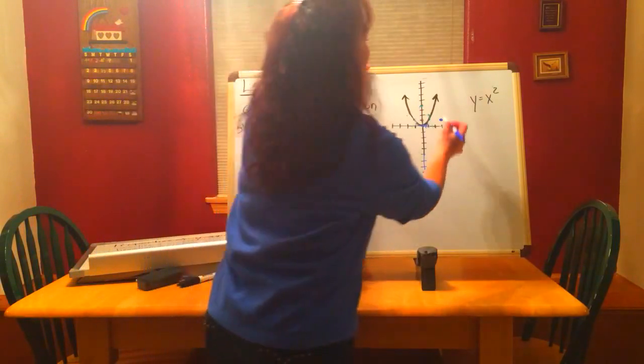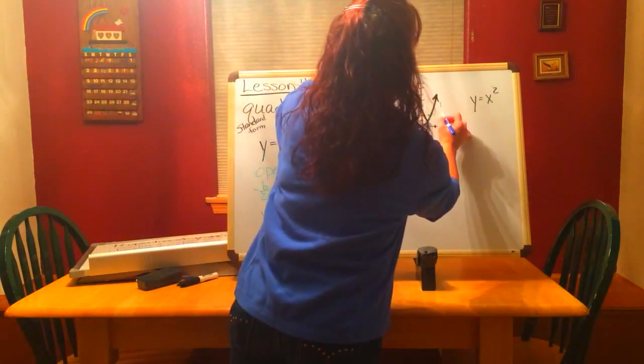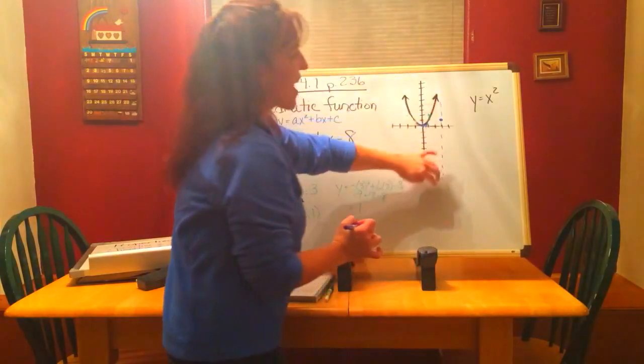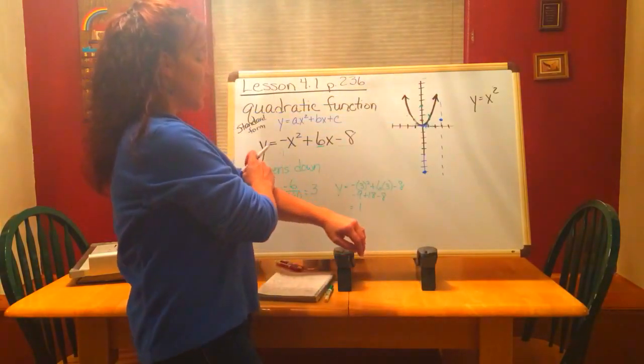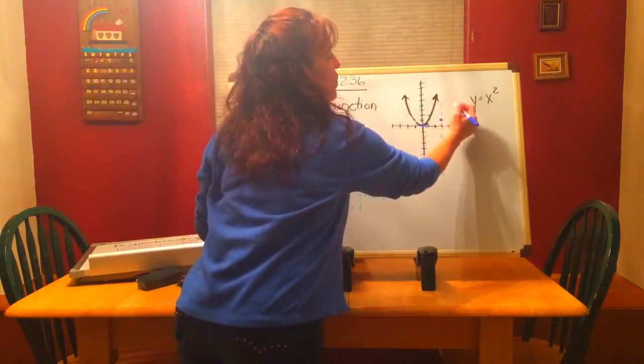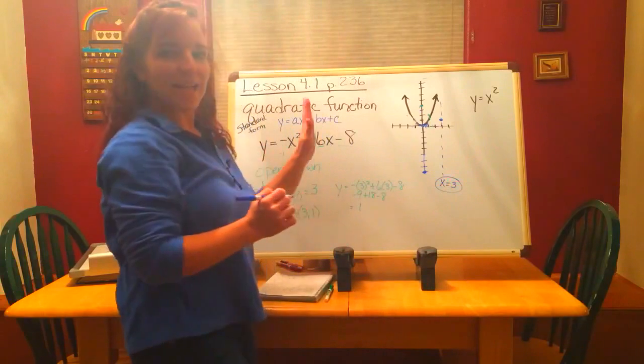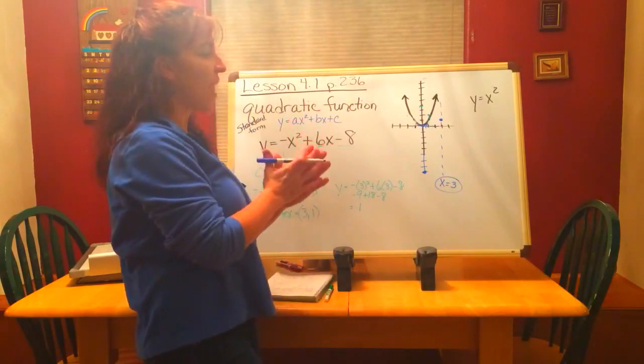And because this is our axis of symmetry, so our axis of symmetry is x equals 3. That's the axis of symmetry. That's where it's going to fold in half.